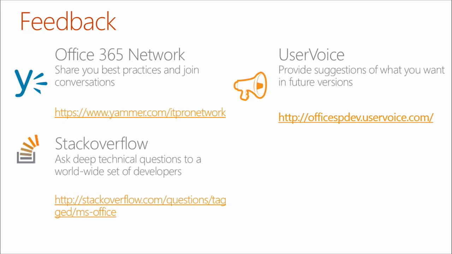Really good resource. And then if you've got ideas for the product, if you have features that you want to provide, if you have feedback for specific features where you want to improve upon them or change things, go to officespdev.uservoice.com and submit something and then see if people vote it up and have a discussion around it. The Office team looks at these things on a weekly basis.